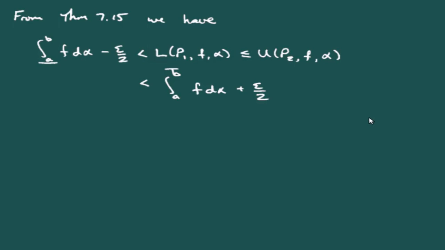If we rearrange things, moving the epsilon over 2 to the other side, we obtain the inequality where our lower Riemann Stieltjes integral is less than our upper Riemann Stieltjes integral plus epsilon.